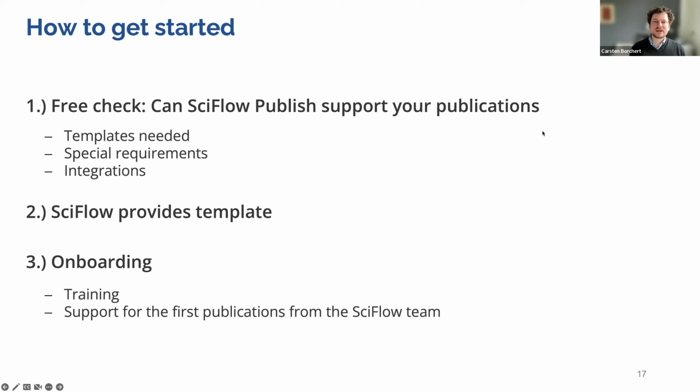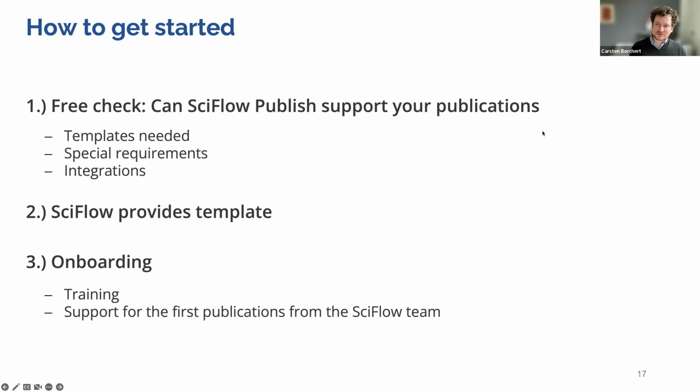So we are aware that there are so many different things and requirements out there we need to support in SciFlow Publish, and that's the reason we are doing this check before, so we make sure we support all the elements of the publication. And also we would check in terms of integrations. So again, OJS, we know the output of SciFlow is compatible to be imported into OJS.